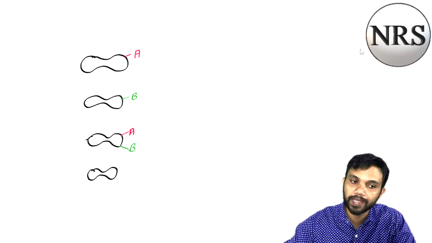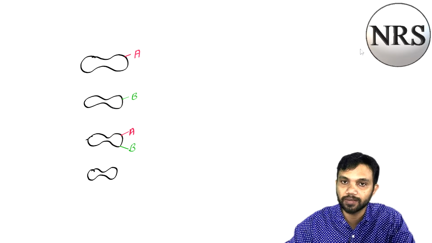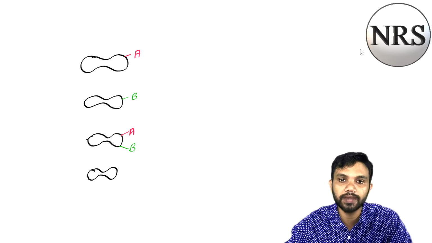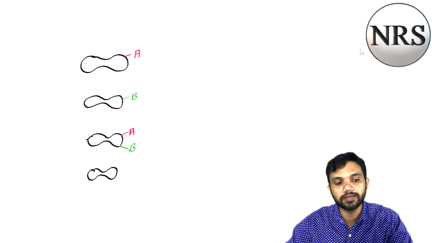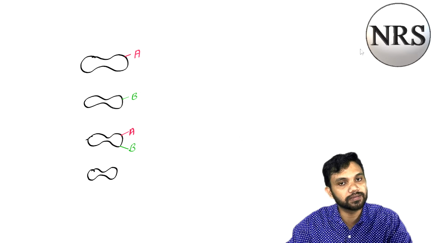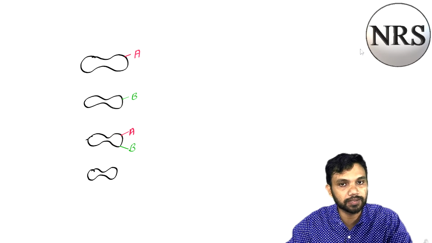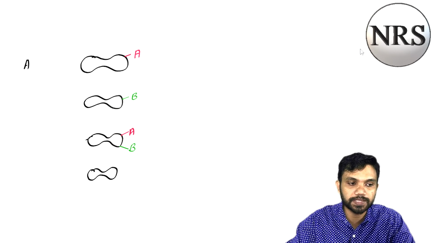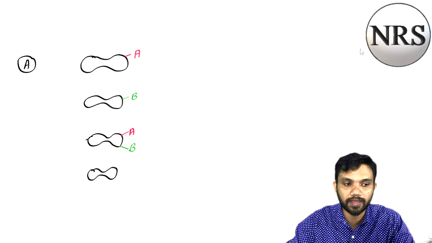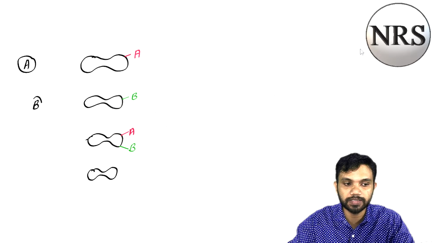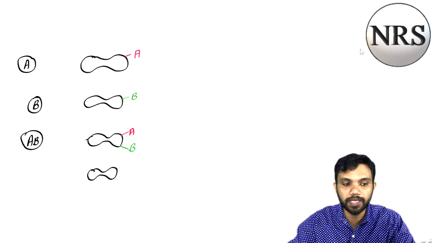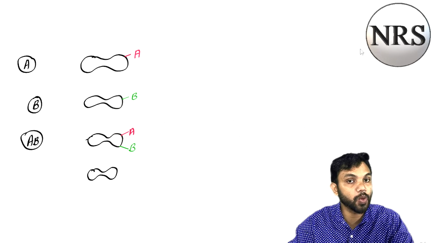Accordingly we can give groups: this is A blood group, this is B blood group, this is AB blood group, this is O.